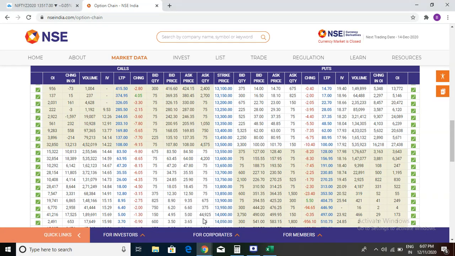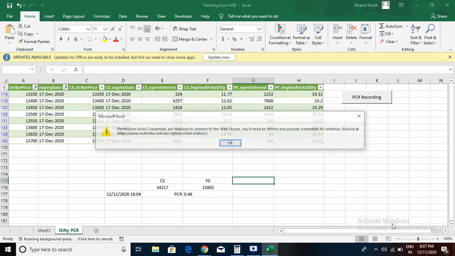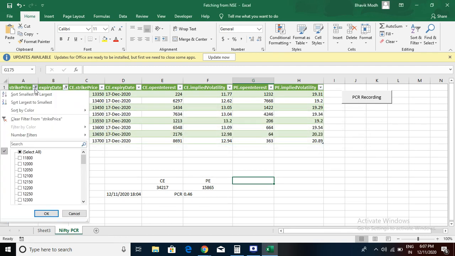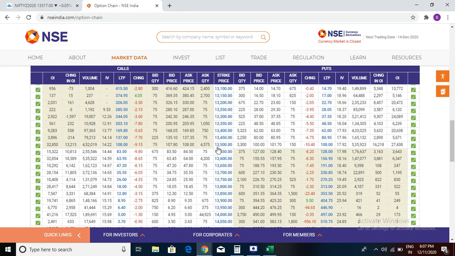Okay, if the market moves upside or downside, I can change my range. I have to select this. I can change my range, whichever strikes I want. I will keep changing strikes if the market moves a lot. If the market changes, so does the ATM.